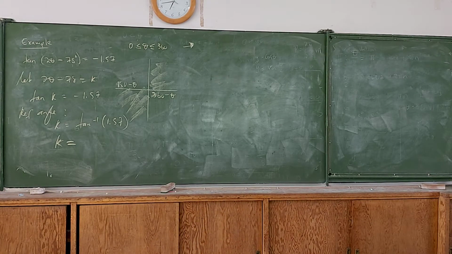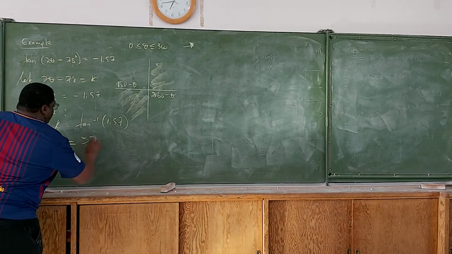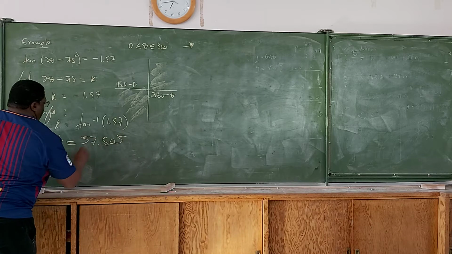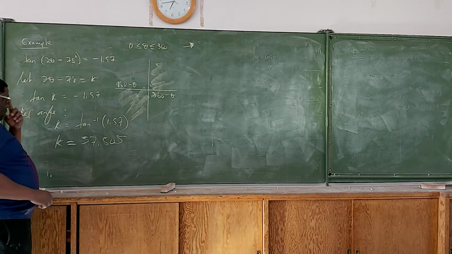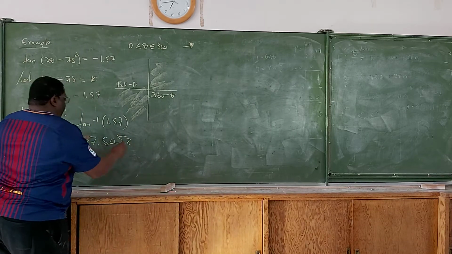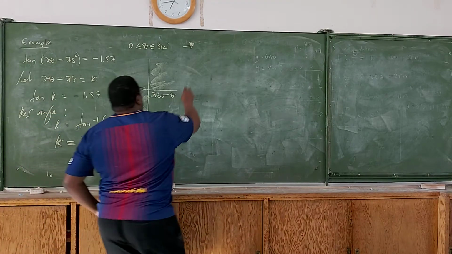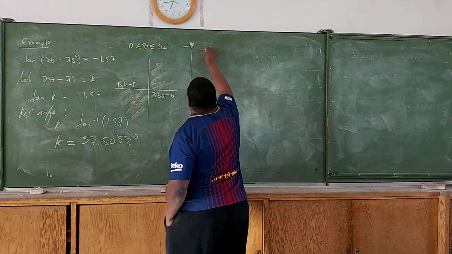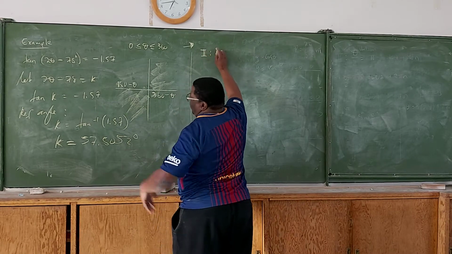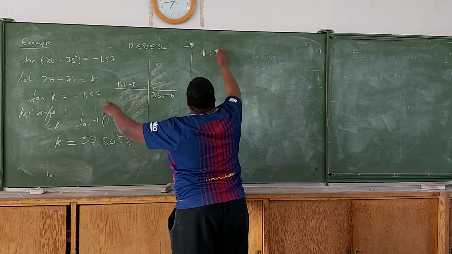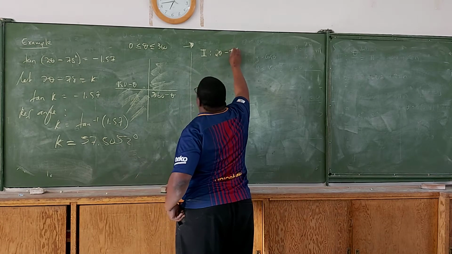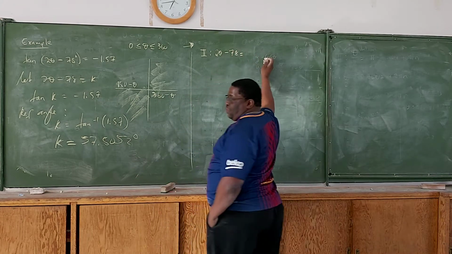You calculate in degree mode: 57.5. 57.505. Give me one more. 2. I don't want to work with rounded answers. Alright, so let us have our general solution. In the second quadrant, I'm going to write 2 theta minus 78 equals, you see what I did?